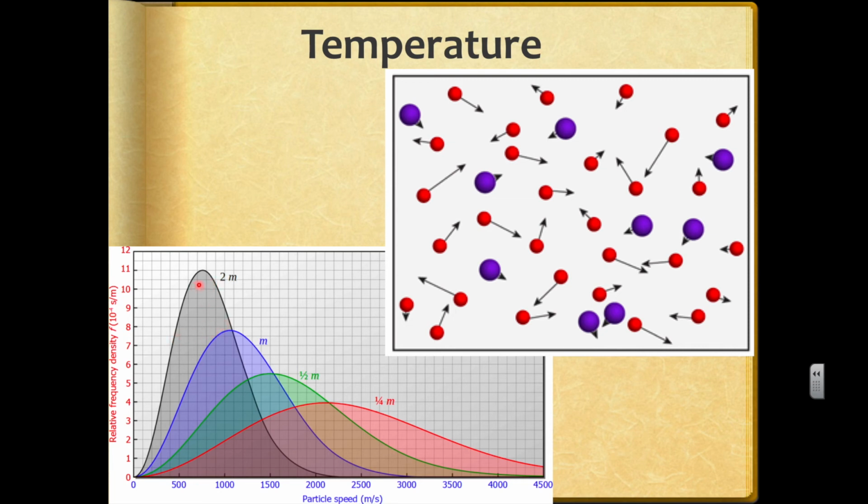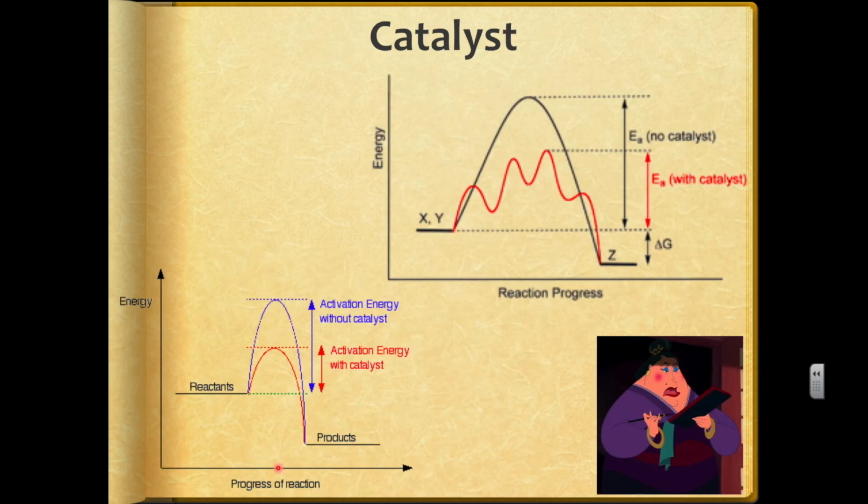This is called the Maxwell-Boltzmann distribution. And what this is showing you is that even the hot ones have slow particles, but they also have extremely fast particles that will have a lot of energy to start a reaction. The cold ones didn't have that many fast molecules.